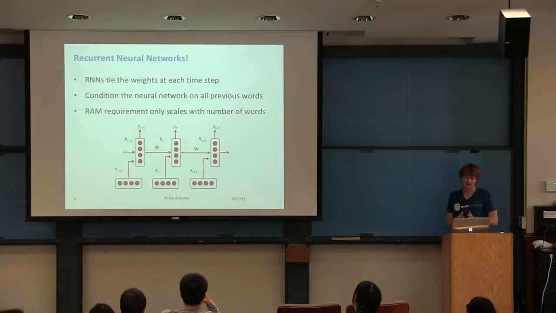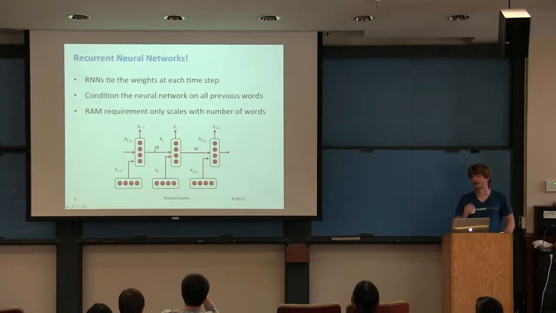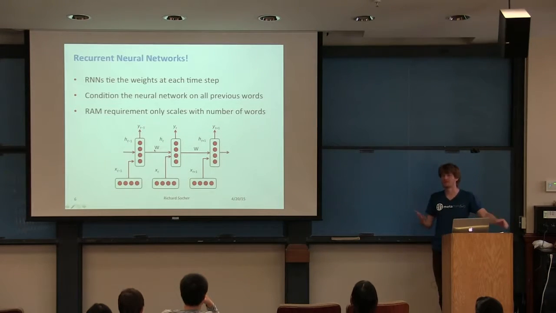Here, in that case, the RAM requirements only scale with the number of words, and you have a fixed set of weights W. And those W's could be large. You may want to have a hidden dimensionality of 1,000, so your W here would be 1,000 by 1,000. So that's 1,000,000 weights.